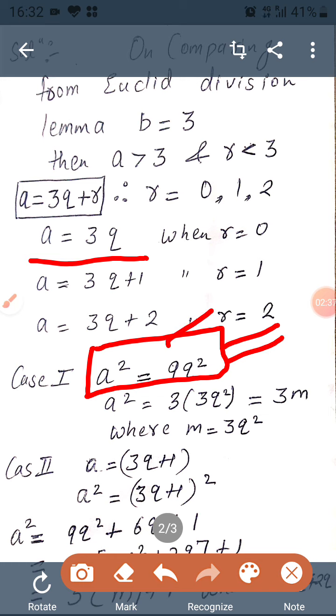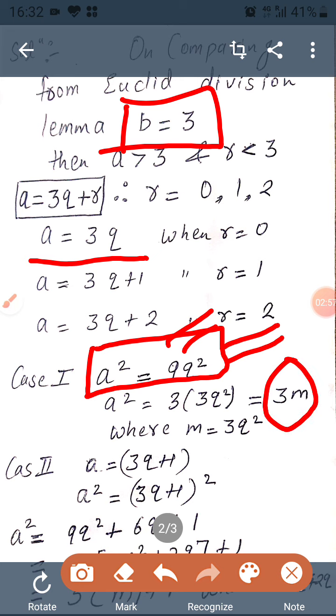Now split 9 as a multiple of 3, because in the question we need the form 3m. So m should be 3q square. So a square, the square of any positive integer, can be written as 3m.